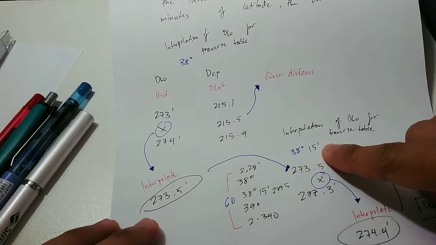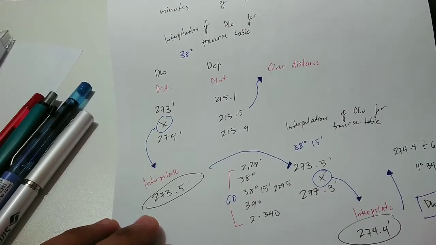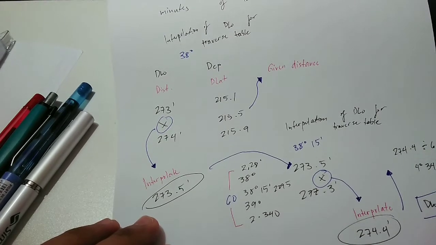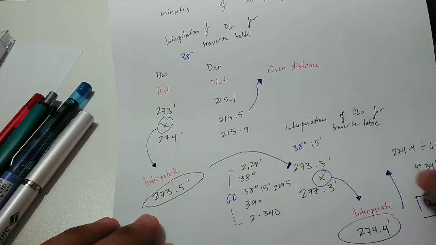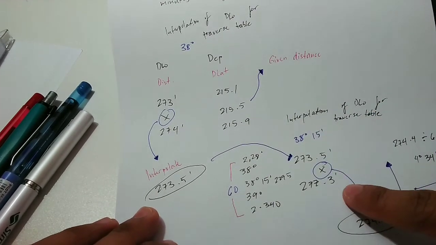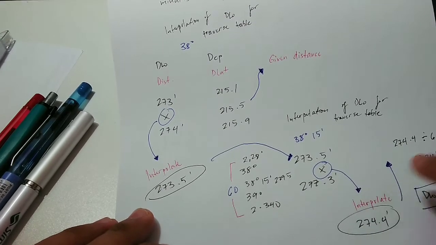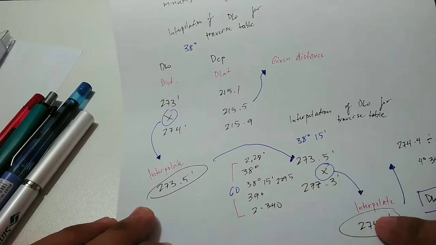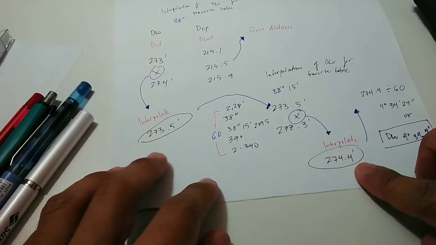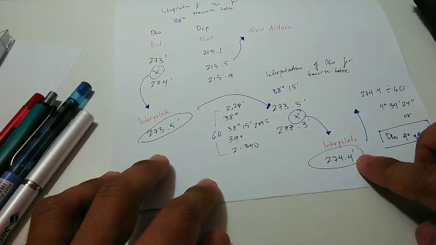With the help of the angles that correspond to it, as well as the D long with respect to its table, after such interpolation for minutes of latitude, we get a final answer of 274.4 minutes.